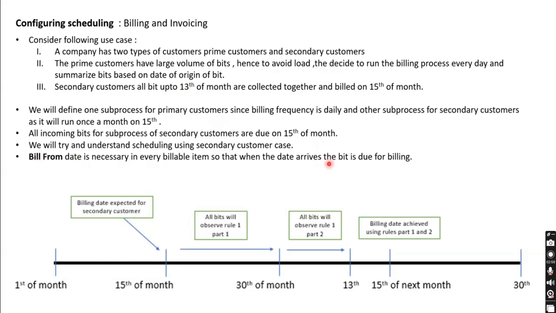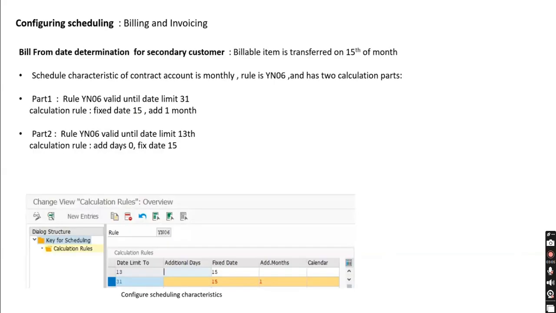Let me go to the next slide. Here it is mentioned. Up to the 13th, it will be billed on the 15th of the month. And here the second rule is up to the 31st, it will be billed on the 15th of the next month. Okay, this is the requirement.